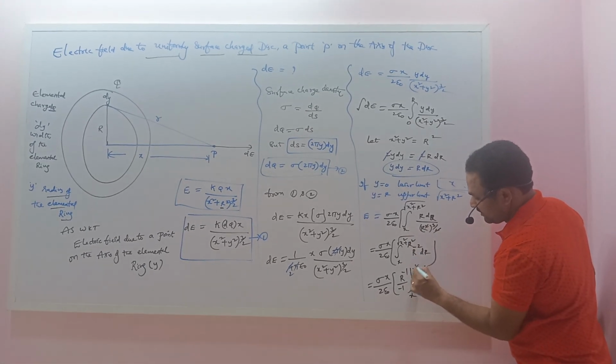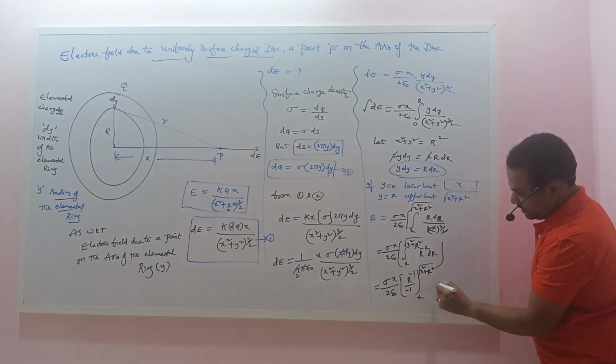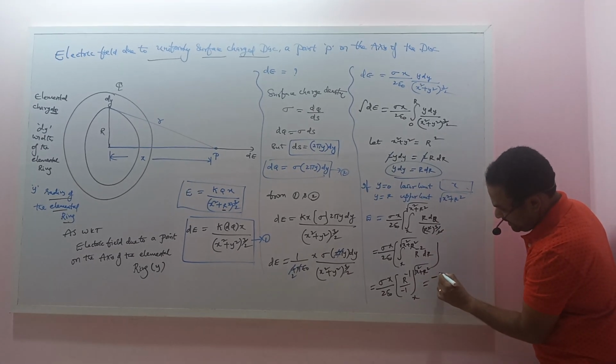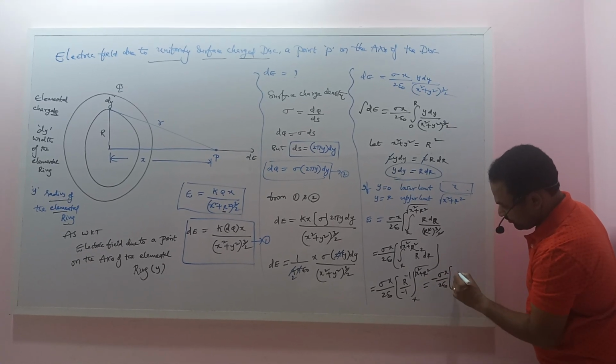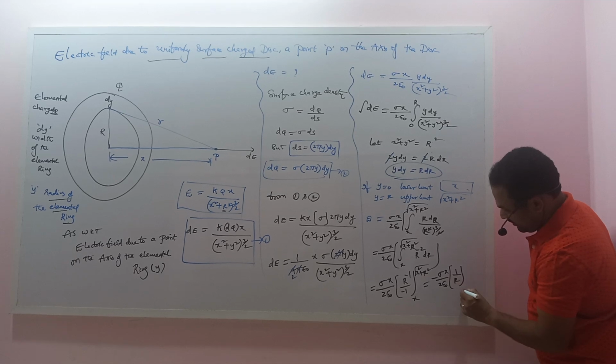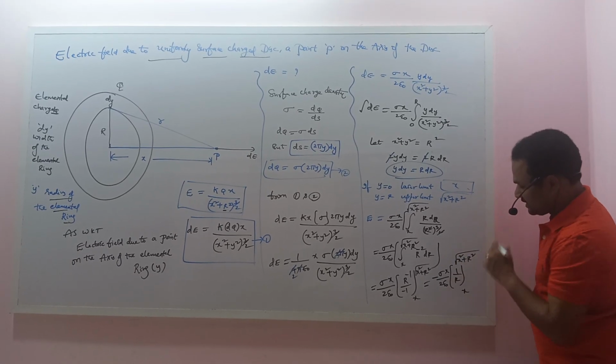So minus sigma x by 2 epsilon naught times 1 by r, lower limit x, upper limit root over x square plus R square.